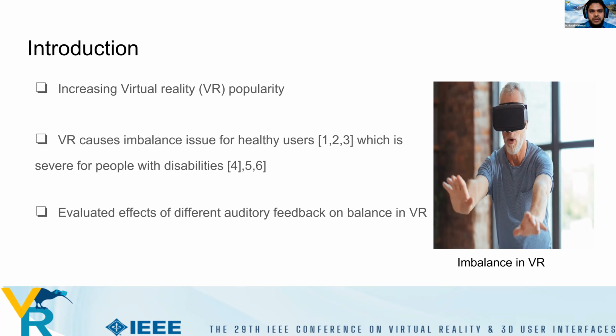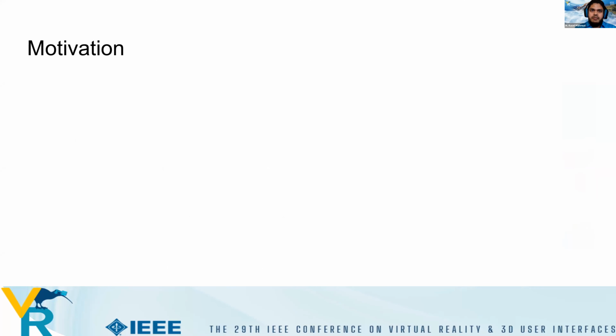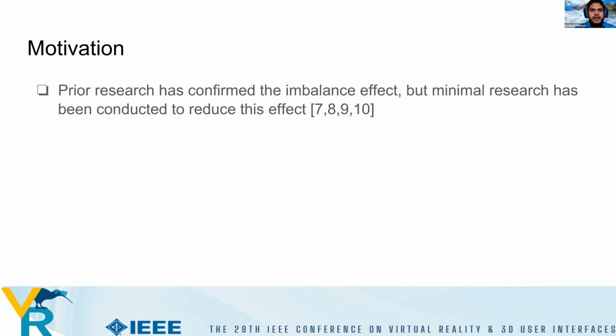To solve this issue, we evaluated the effect of different auditory feedback on balance in VR. The purpose of this research is to make immersive VR more accessible. There are several motivations behind this work. Many prior studies have investigated the imbalance effect caused by VR, but minimal research has been conducted to reduce this effect.